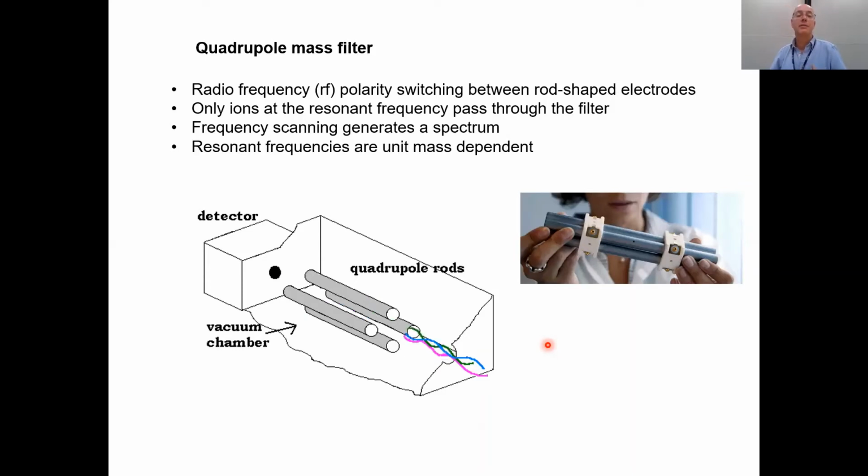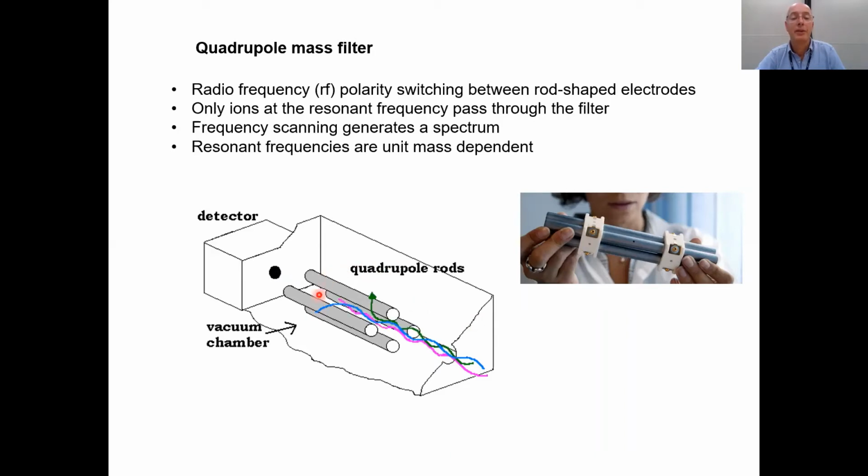Let's look now at a different type of mass filter. This is a quadrupole mass filter. As the name implies, a quadrupole has four rod electrodes, and we apply a radio frequency to these electrodes.